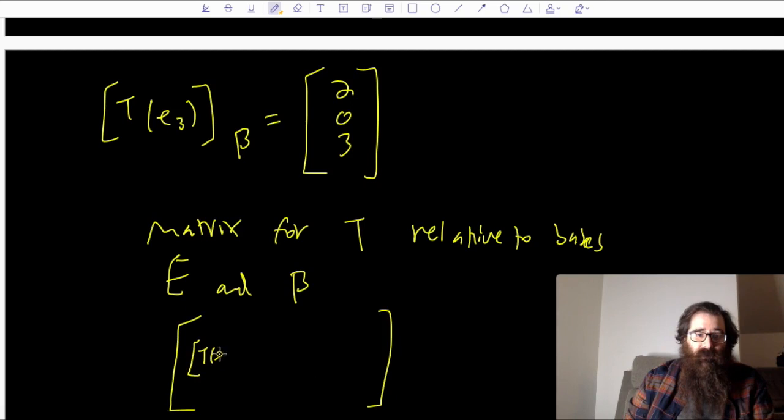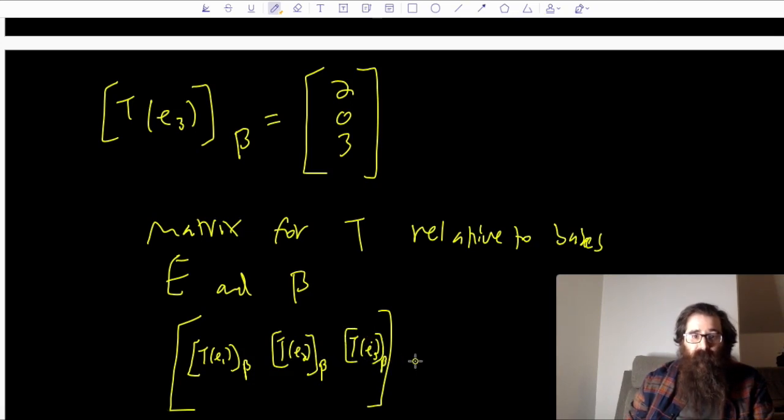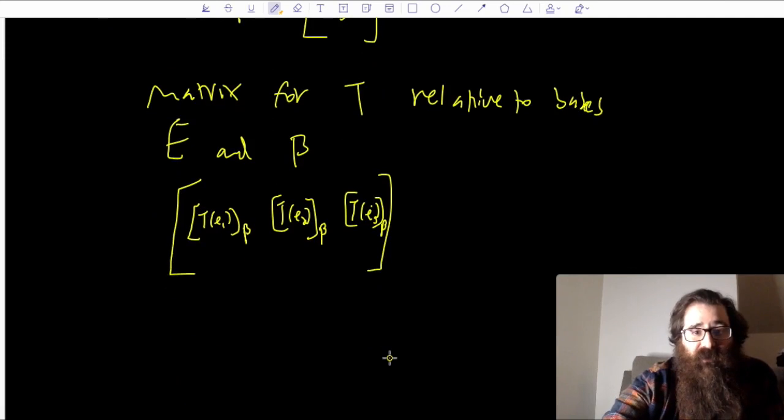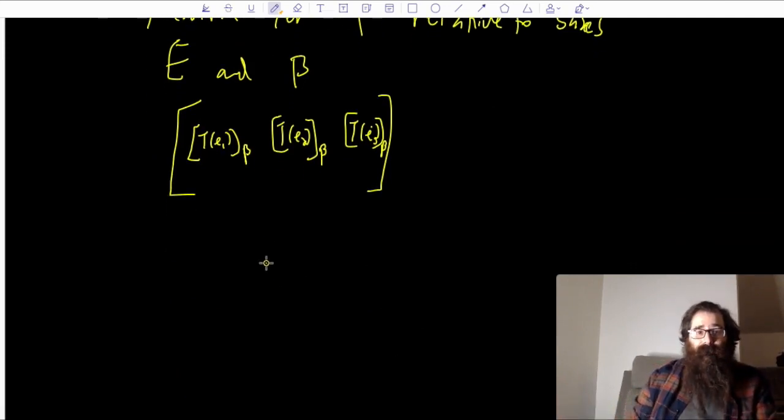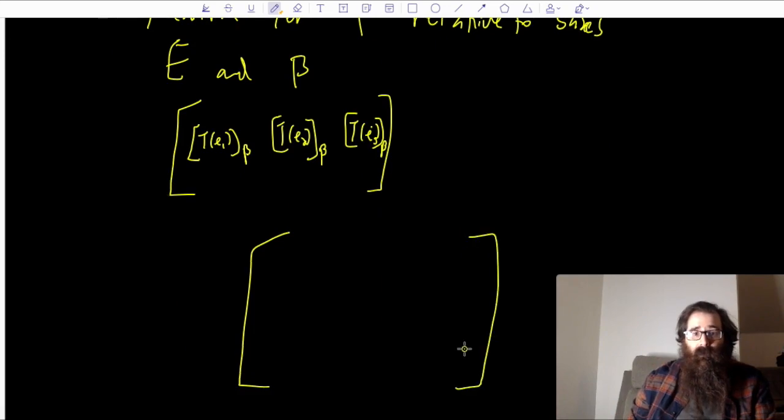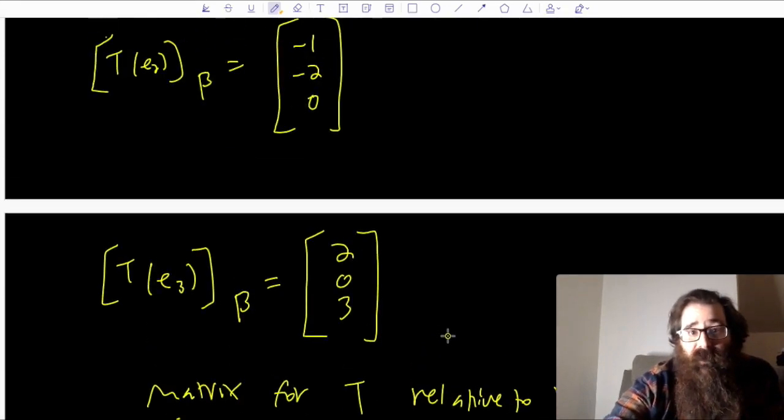So it's going to be T of E sub 1 in terms of beta for the first column, T of E sub 2 in terms of basis beta for the second column, and then T of E sub 3 in terms of basis beta for the third column. And I actually have all of the pieces for it. So the matrix for T, I'm just going to use these vectors as column vectors.